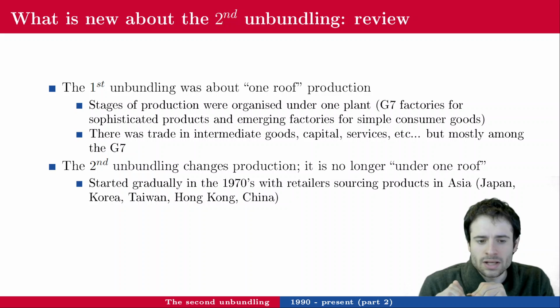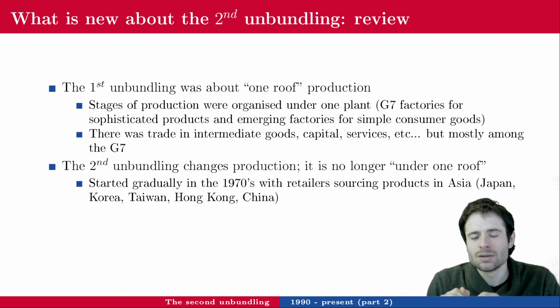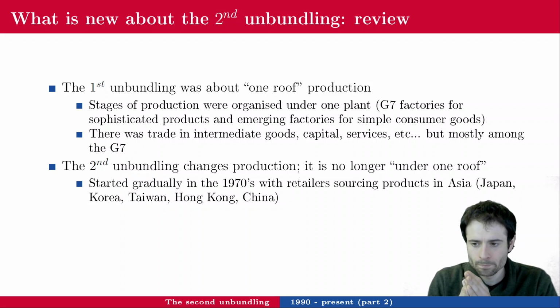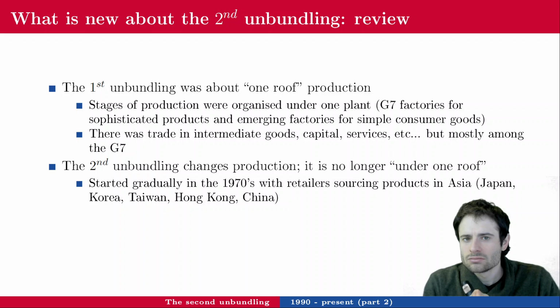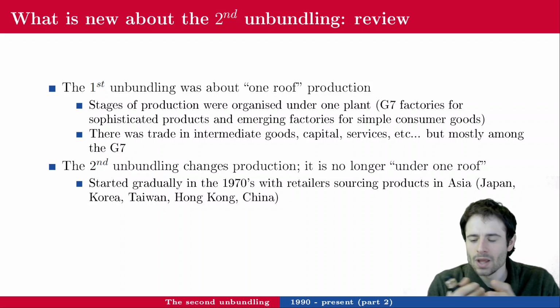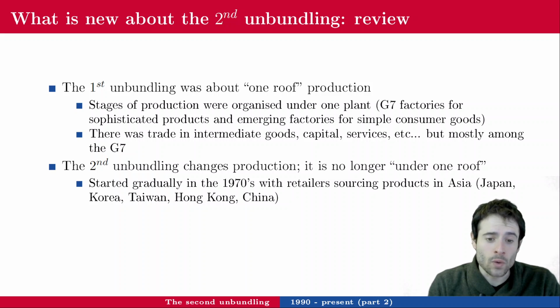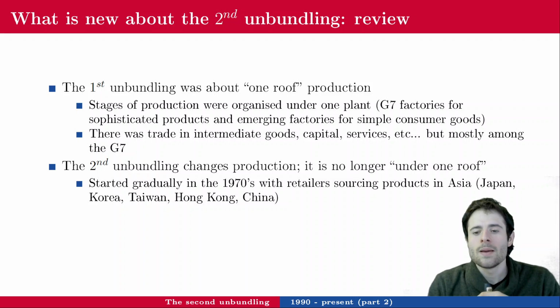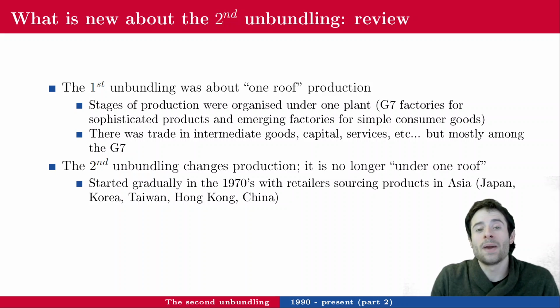So the second unbundling started gradually in the 1970s, but it's mostly in the 1990s that we saw it happening. Some countries, which I believe are called the Asian tigers, we call them the Asian dragons in France, but I guess any badass animal will do. Korea, Taiwan, Hong Kong, China, Singapore as well, started becoming the factories of the world for basic goods.